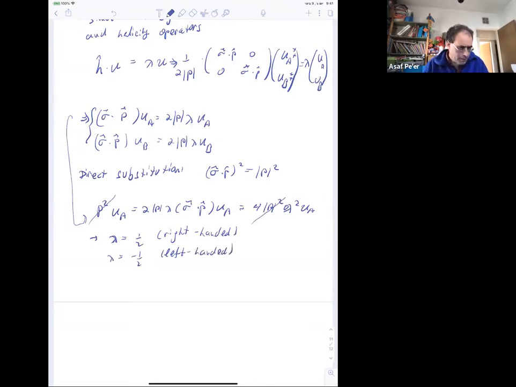Eigenvalue 1/2 is for the right-handed helicity state.